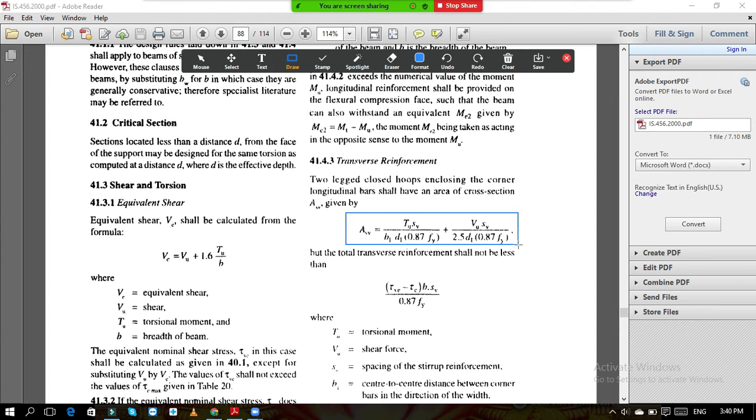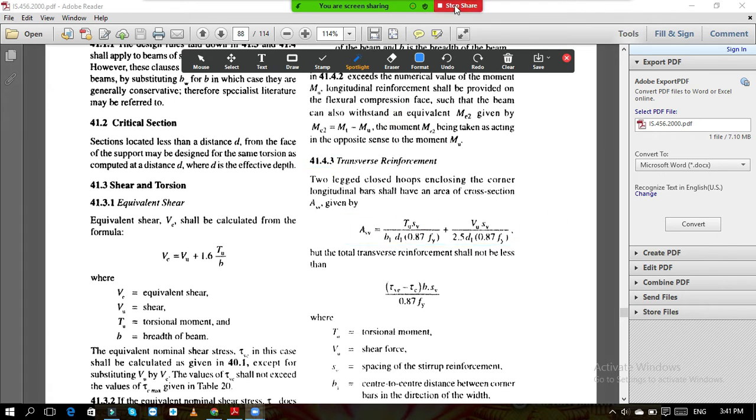But before using this formula, the terms b1 and d1 are there, so we need to find out the values of b1 and d1 first. This is from clause number 41.4.3, the transverse reinforcement clause. First we will calculate b1 and d1, and afterwards we will use this formula to calculate the spacing.